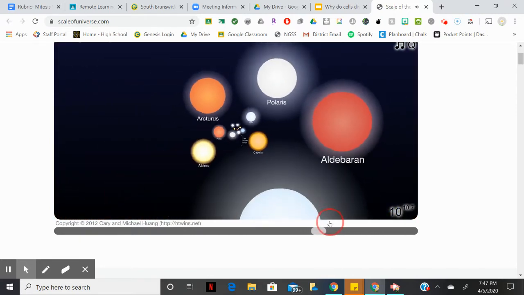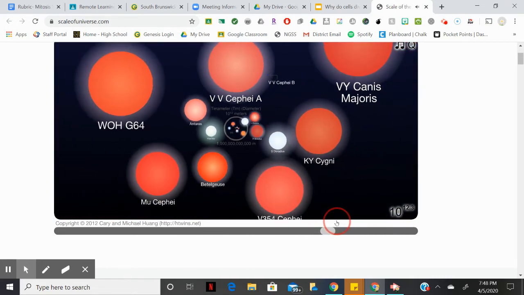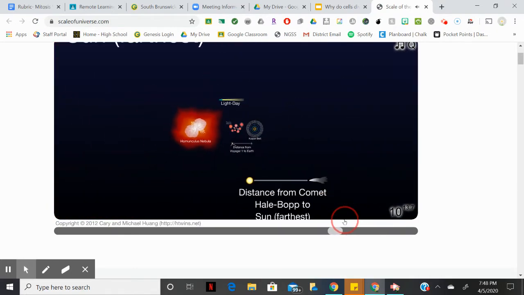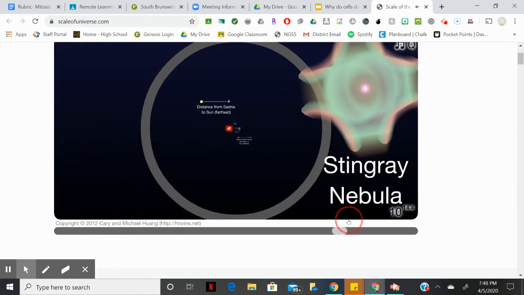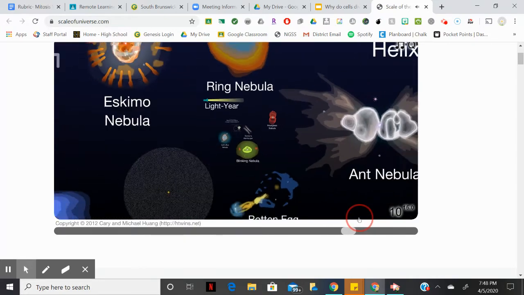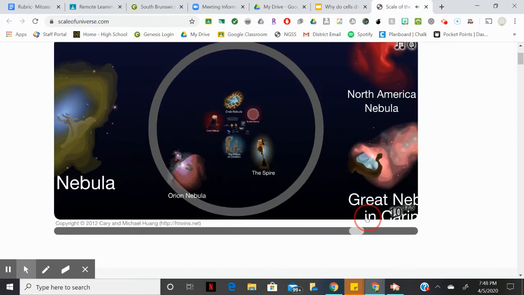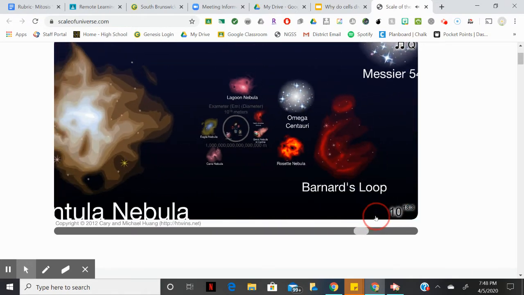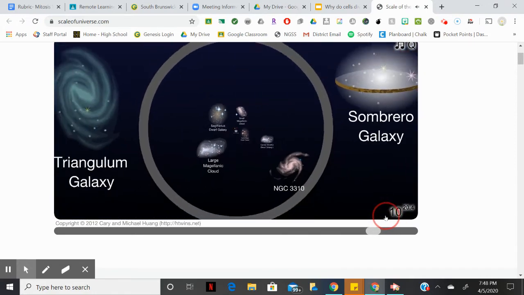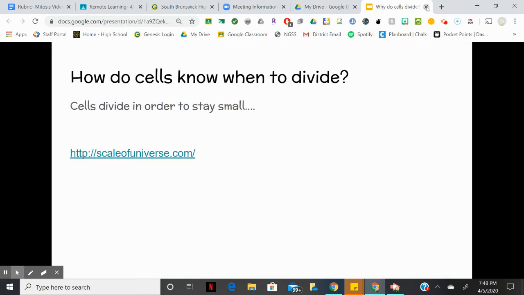I'll go till the sun. How about that? Did I pass it already? Maybe I passed it already. Oh well, it's still cool. Okay. Anyway, so that's just a cool way to show you just how small cells are.